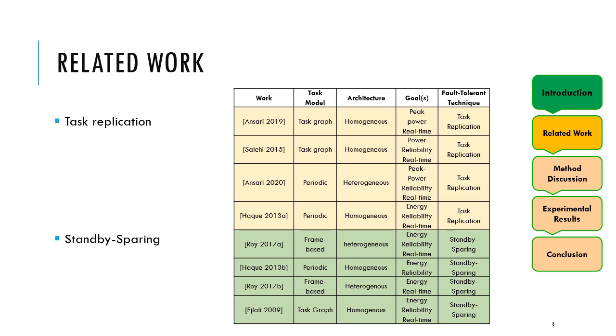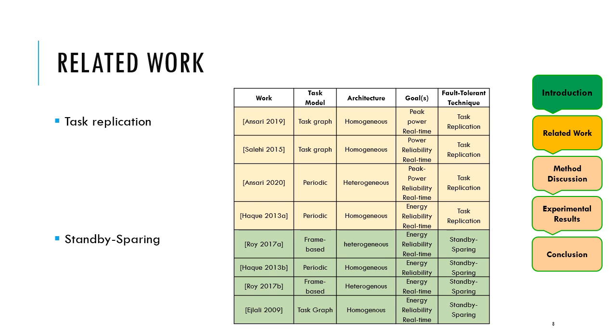In this table, a series of works are categorized according to the fault-tolerant technique, task replication, and standby sparing that you can see here. We can see that different task models and different architectures are used. For example, task graph, frame-based, and periodic task models are used, and for architecture model we can see both heterogeneous and homogeneous.